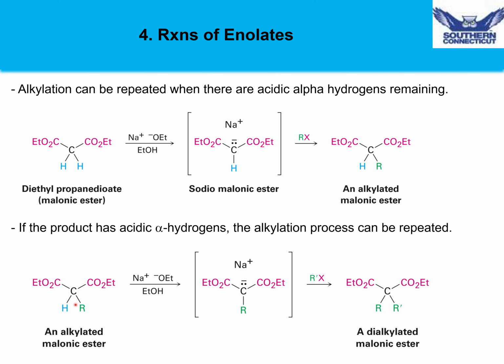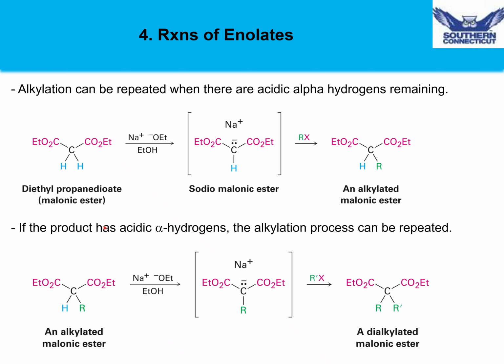We can repeat this again since this particular compound has another alpha hydrogen in between these two esters. So if we add base, we can make an enolate again, which can react with a second alkylating agent, which doesn't necessarily have to be the same as the first one, and add a second alkyl group.